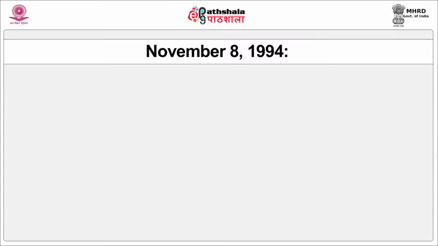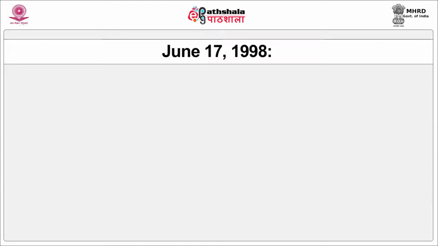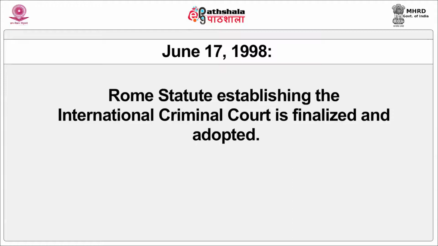November 8, 1994: The UN establishes a second International Criminal Tribunal to prosecute war crimes in Rwanda. June 17, 1998: The Rome Statute establishing the International Criminal Court is finalized and adopted.